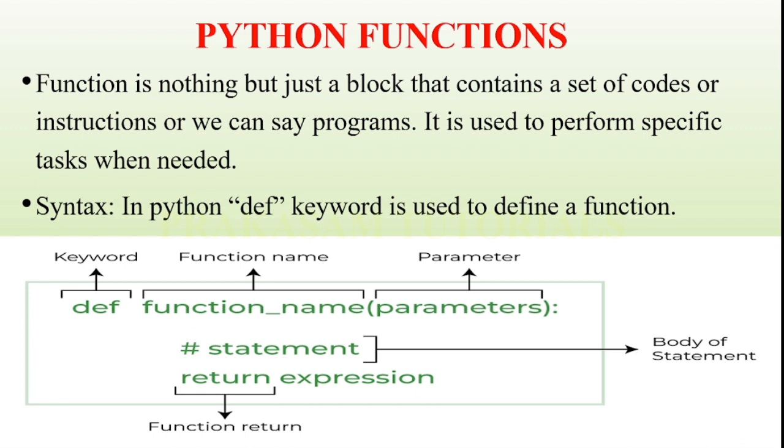The Python function definition starts with the keyword def. It must be followed by the function name and the parenthesized list of formal parameters. The statements that form the body of the function start at the next line and must be indented. This is the syntax of the Python function.